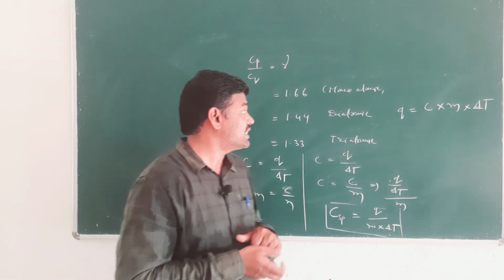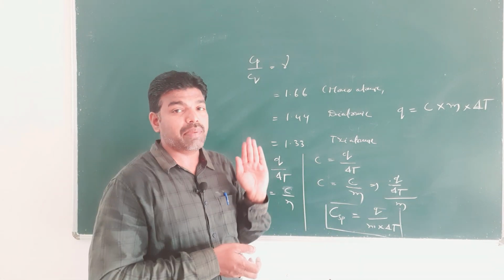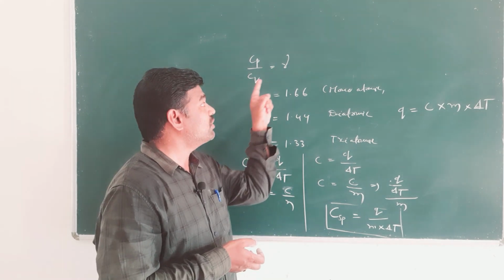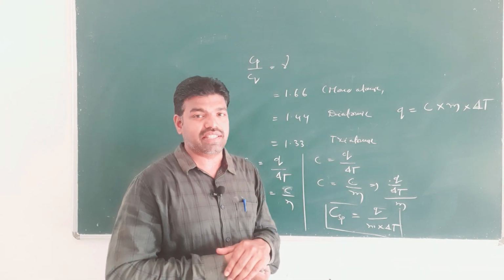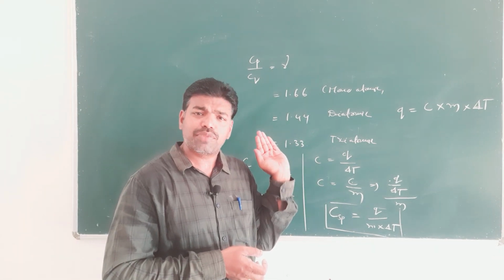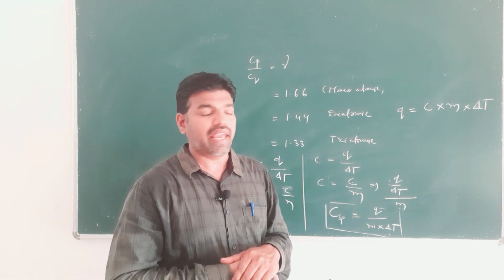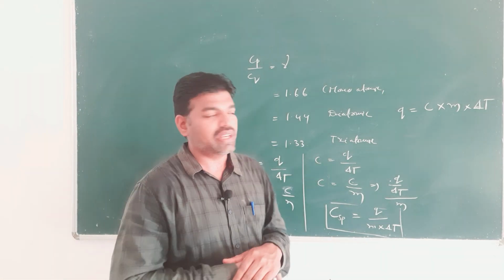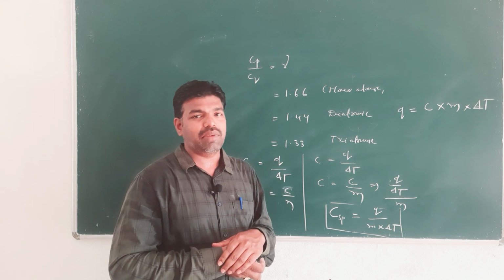And one more thing is that the ratio of heat capacity at constant pressure to heat capacity at constant volume gives the information about the atomicity of the gases. If it comes out to be 1.66, that is a monoatomic gas. If it comes out to be 1.44, that is a diatomic gas, and if it comes out to be 1.33, that is a triatomic gas.